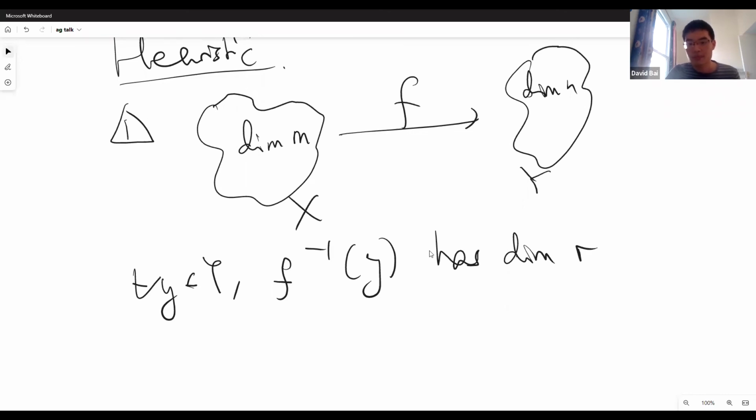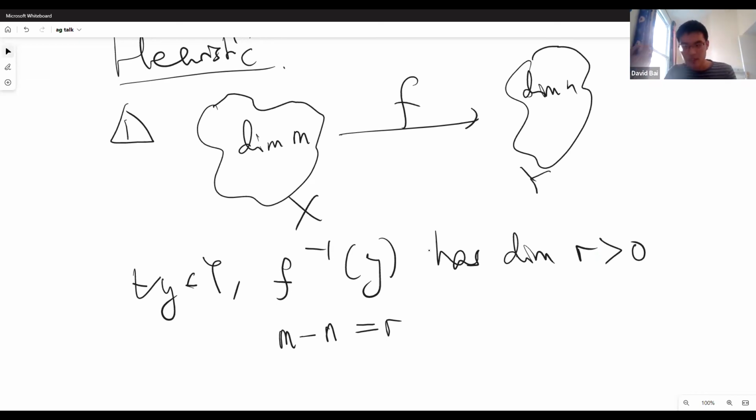Let's say r is greater than 0, so that it's guaranteed to be surjective. My first heuristic is that m minus n equals r.